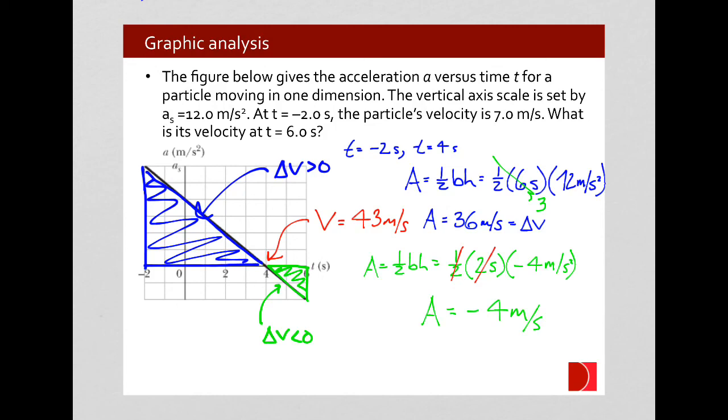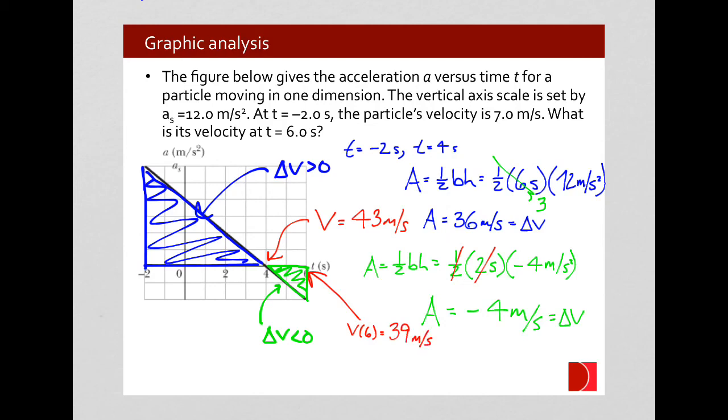And that is the change of velocity in that case. That is how much the velocity has decreased, actually, because the acceleration is negative. We're slowing down. So what that means is we were at 43 meters per second, we slow down by 4 meters per second, and that gives us a velocity at time t equals 6 to be 39 meters per second.